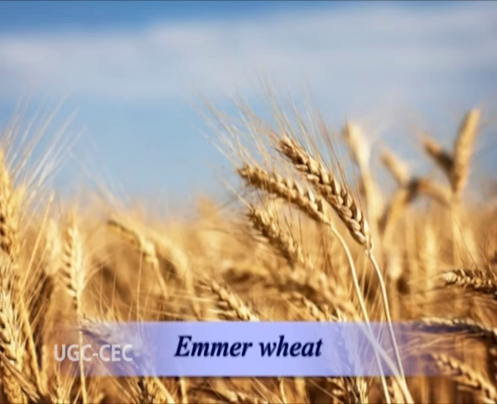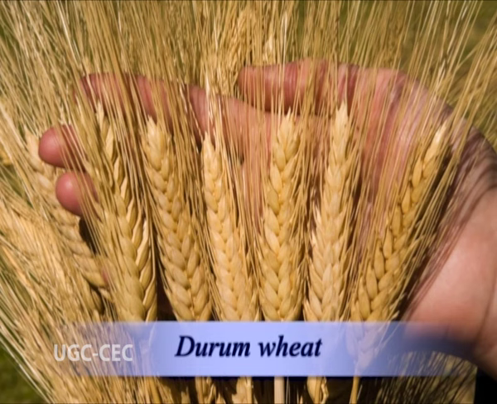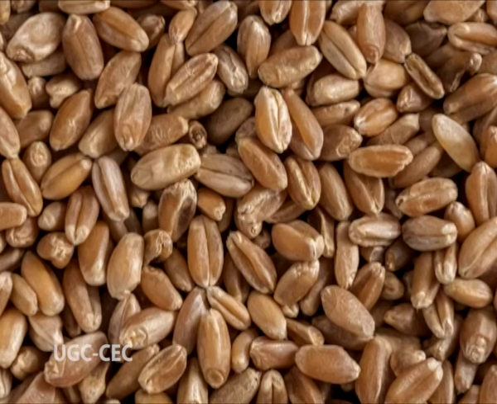The emmer and durum wheat belong to the tetraploid species T. turgidum, 2n equals 28. These wheats originated from a naturally occurring wild tetraploid variety whose grains are larger than the einkorn wheat. The emmer wheat is hulled, but the durum wheat is particularly desirable because of its free threshing quality, that is, the hull is easily removed by threshing, and unlike hulled wheat, it does not need to be ground for human consumption.